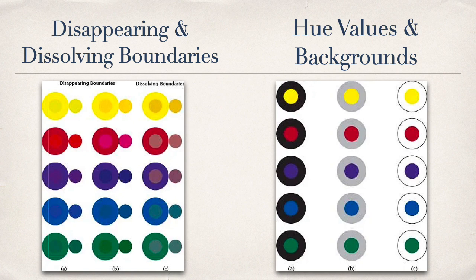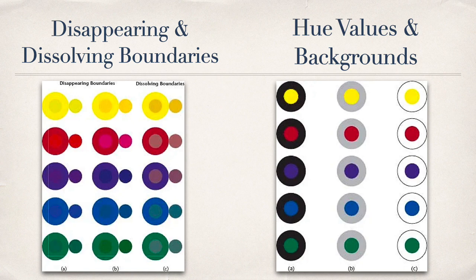In column C, we have identical broken hues, and these hues cause our boundaries to dissolve. Now in looking at the image for hue values and backgrounds, we'll notice that in column A, when a hue is placed on a black background, it appears to be richer.